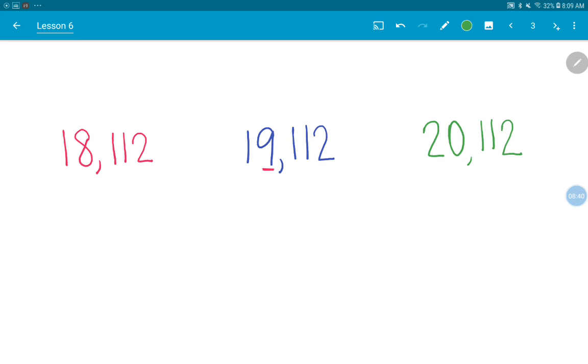And why was that? It changed because when I add 1,000 to 9,000, we regroup that to make a group of 10,000. So it moved over to the 10,000s place value, and my answer is 20,112.